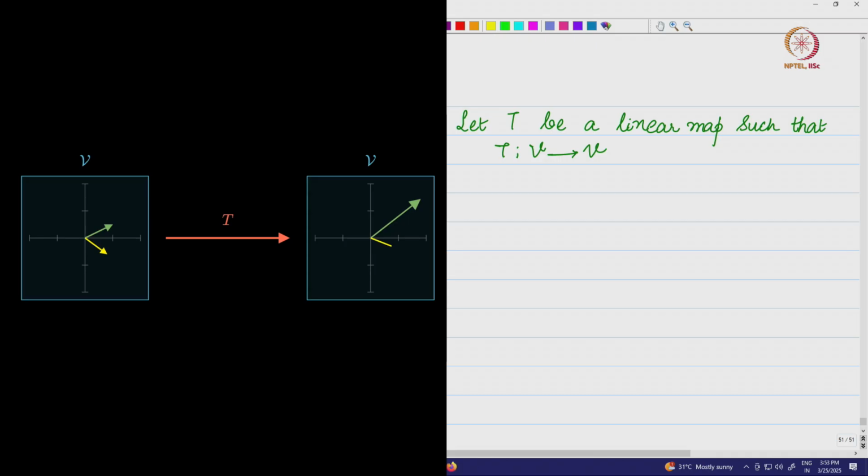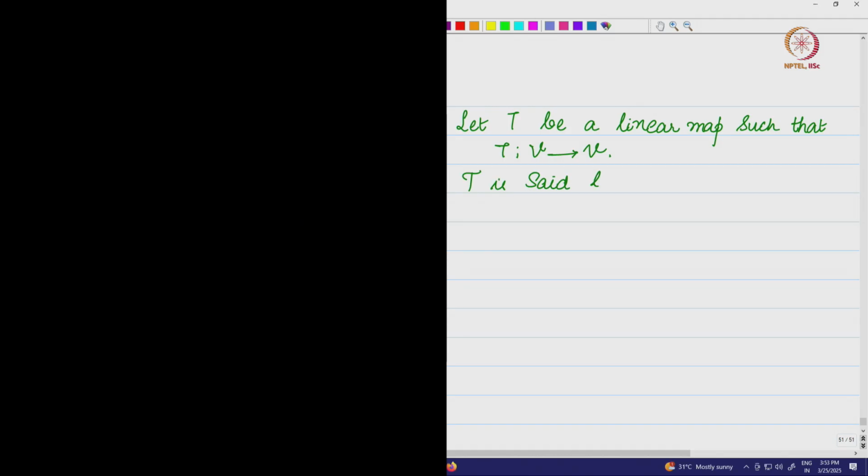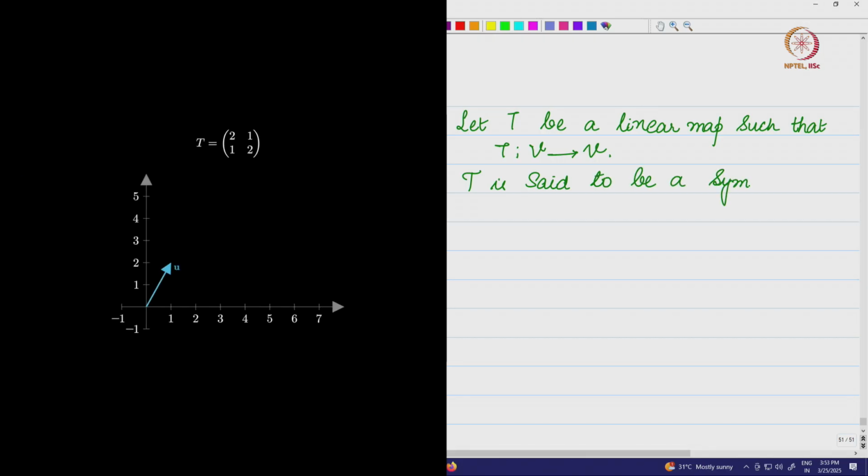So, T maps V to V. T is said to be a symmetric transformation if, and you must have the inner product defined in the space, the following holds.